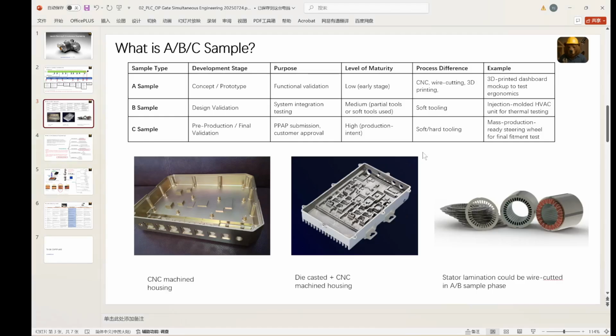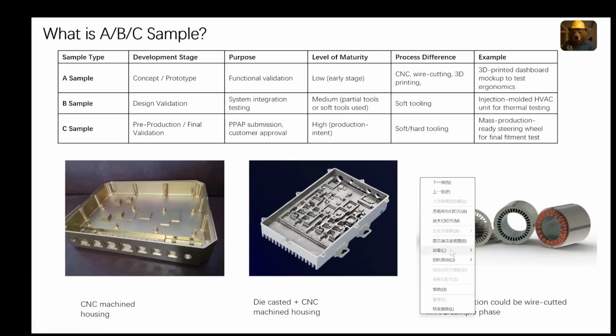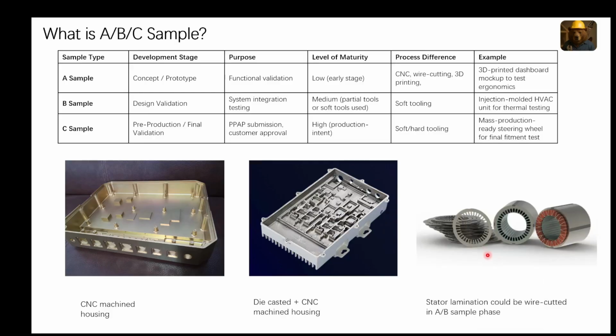We talked about A samples, B samples, and the C samples. So what are those? What are the differences between the A samples, B samples, and the C samples? Let me give you an example. You can see this housing. This housing looks really shiny. This could be an inverter's housing.